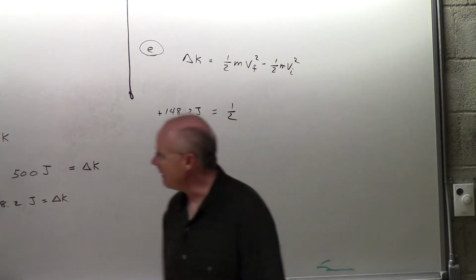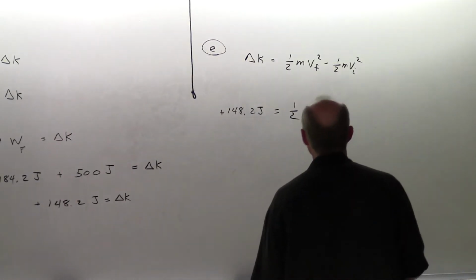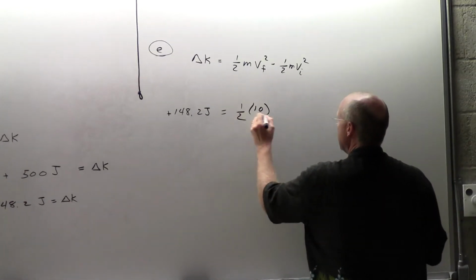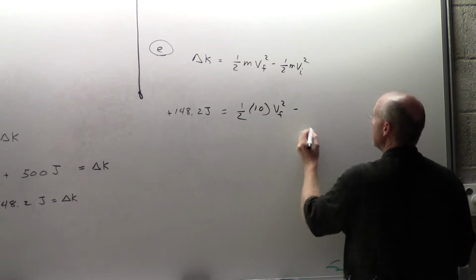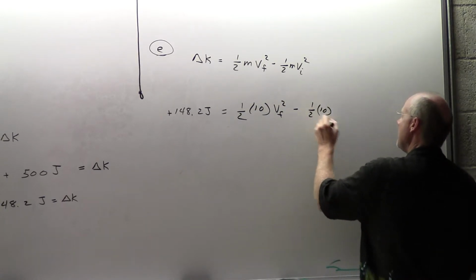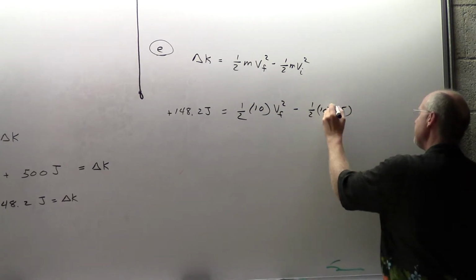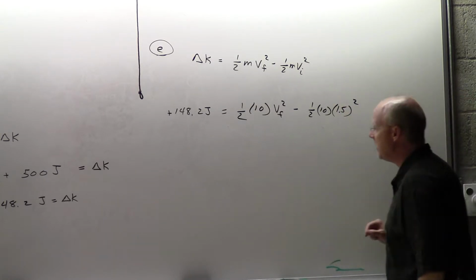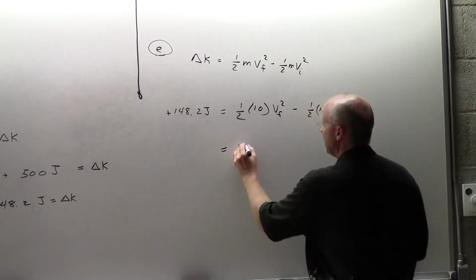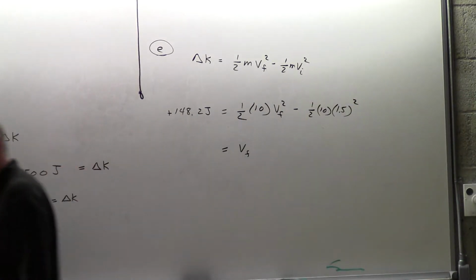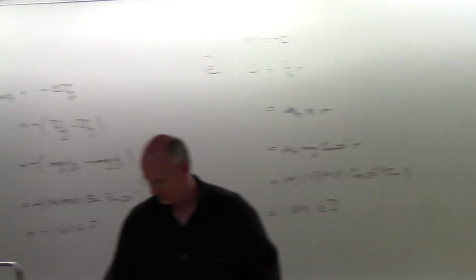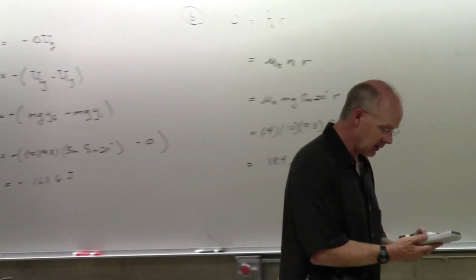Oh, this is a 10, right? And so this is my 10, and this is my final speed squared. My initial speed is the 1.5, and other than a little bit of calculator work here, I can find out then the speed.